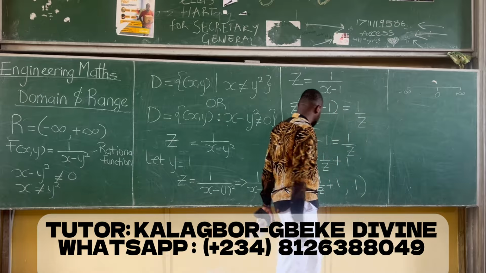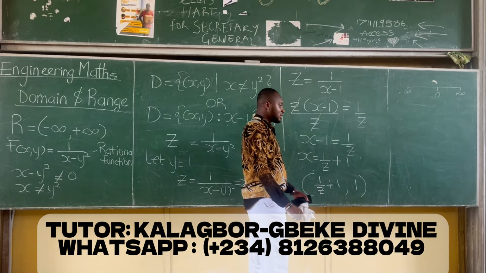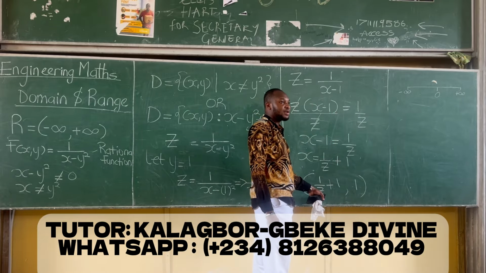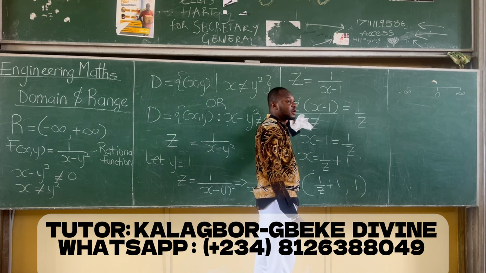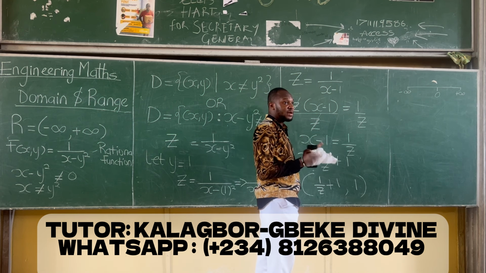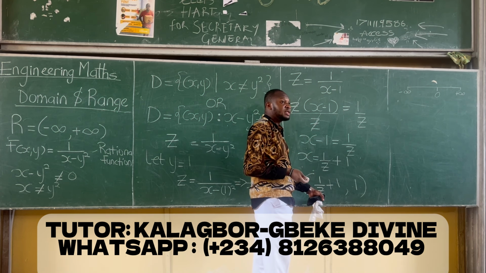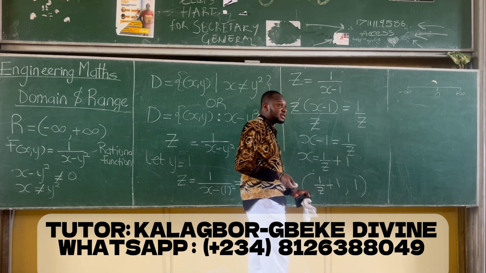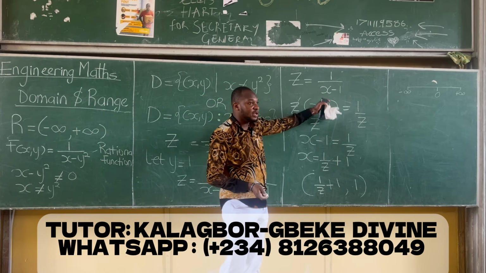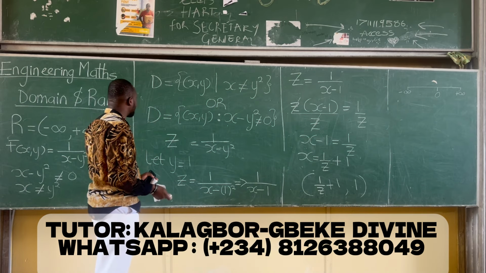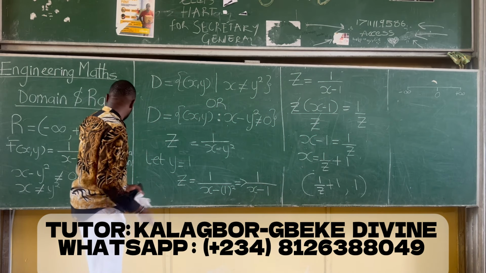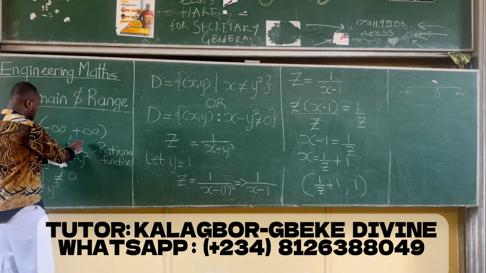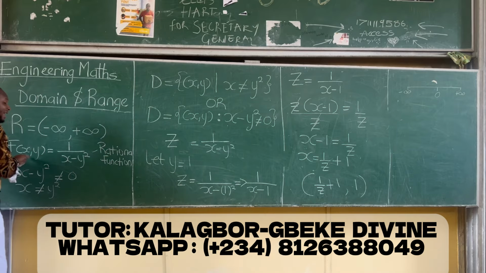Since we cannot put z as 0, you know z is the output function, and we don't want the output to be zero, right? Like when we put in the values in the polynomial like this, we don't want our output function to be zero, because if it's zero, it's not defined.